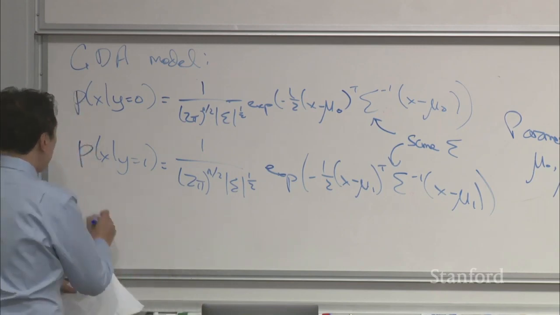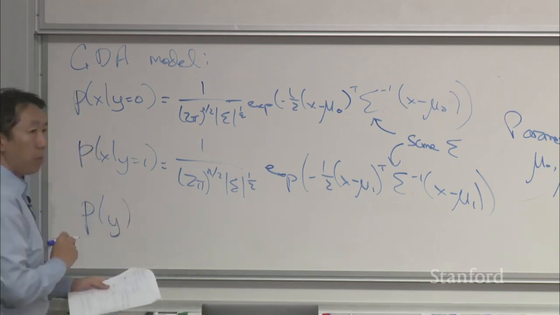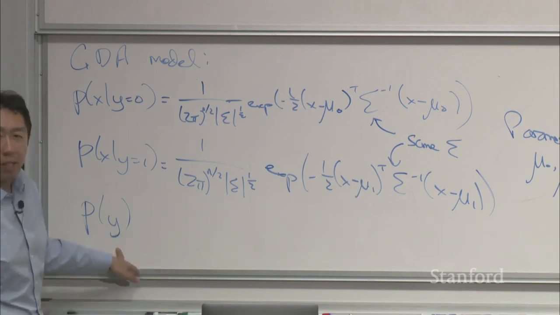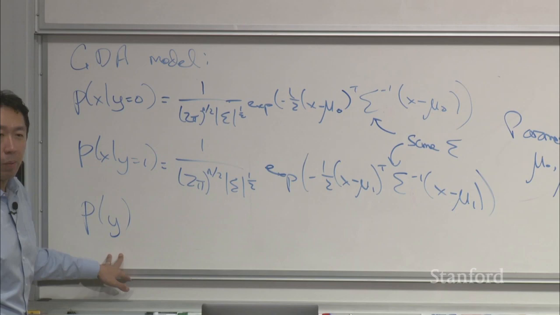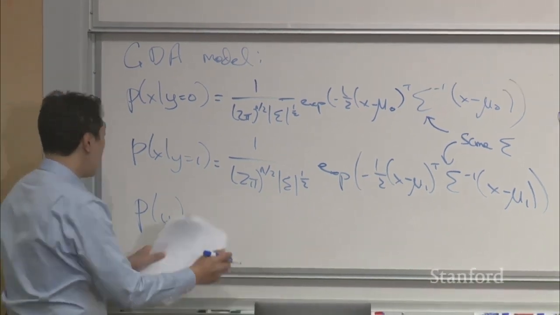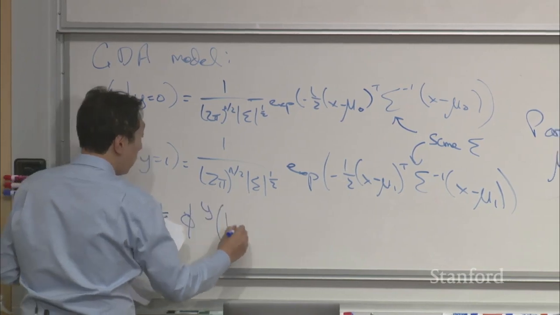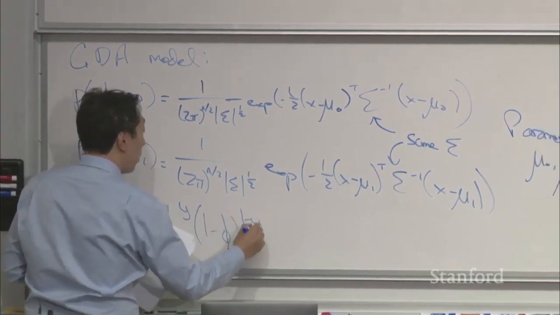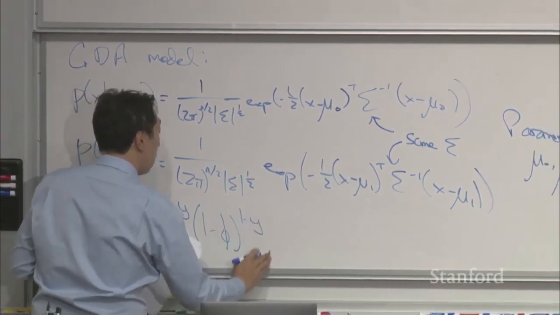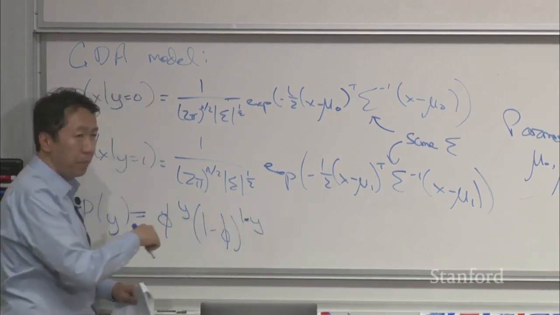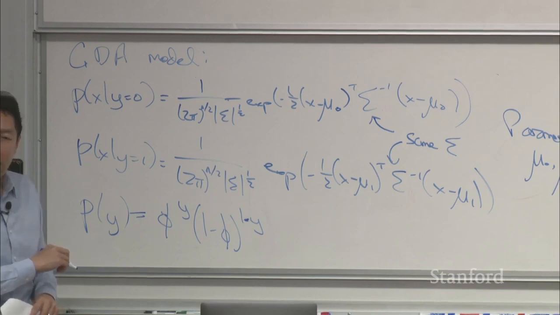The other thing we need to do is model P of y. So y is just a Bernoulli random variable. It takes on the values 0 or 1. And so I'm going to write it like this: phi to the y times 1 minus phi to the 1 minus y. Okay? And you saw this kind of notation when we talked about logistic regression.